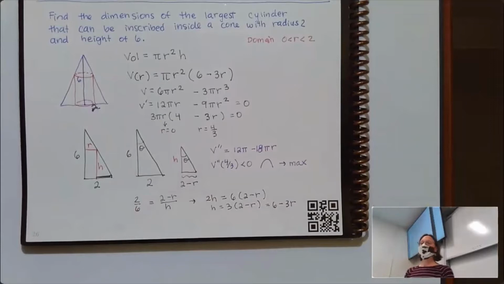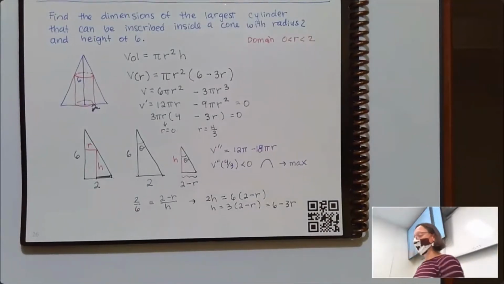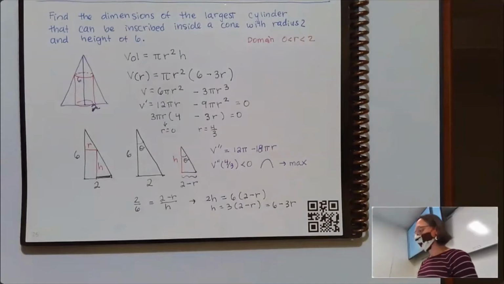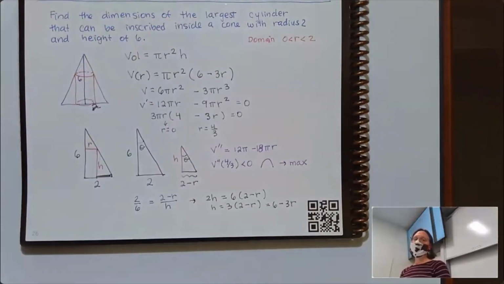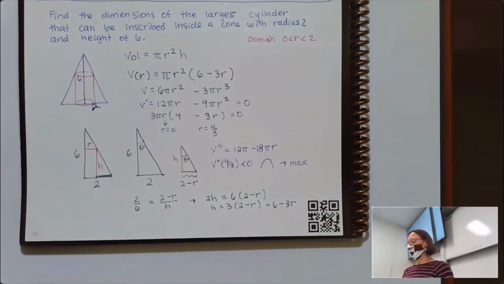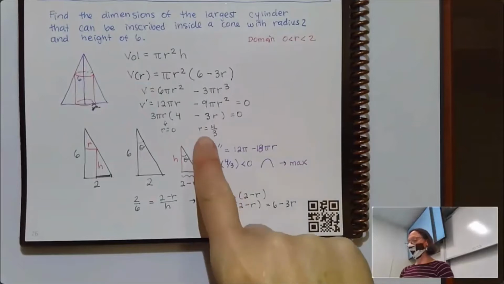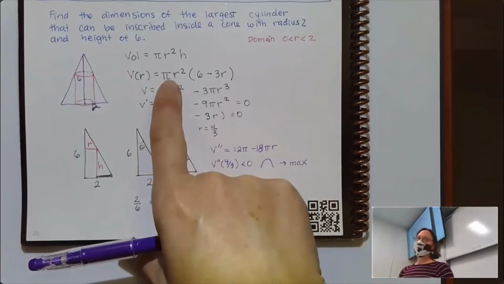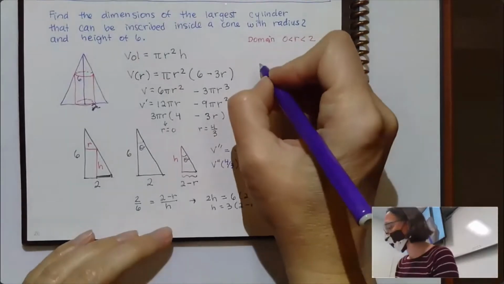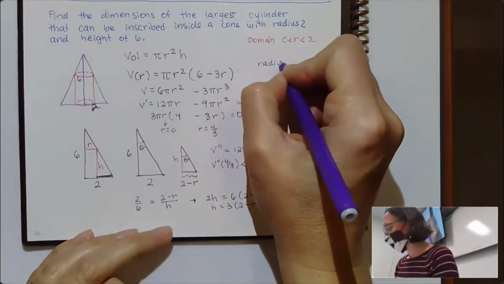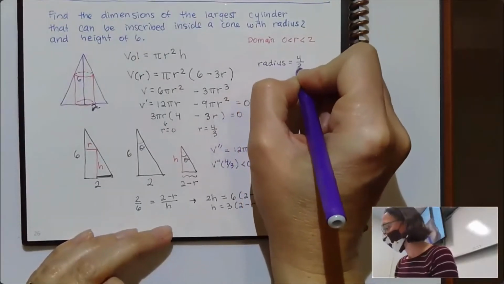Now I go back to check what I was asked to find. I was asked to find the dimensions. By the way, I could have written this to say find the volume of the largest cylinder, in which case I would want to take that radius that we found and plug it back into the volume equation. But because I asked for the dimensions, I'm going to say that the radius is 4/3.